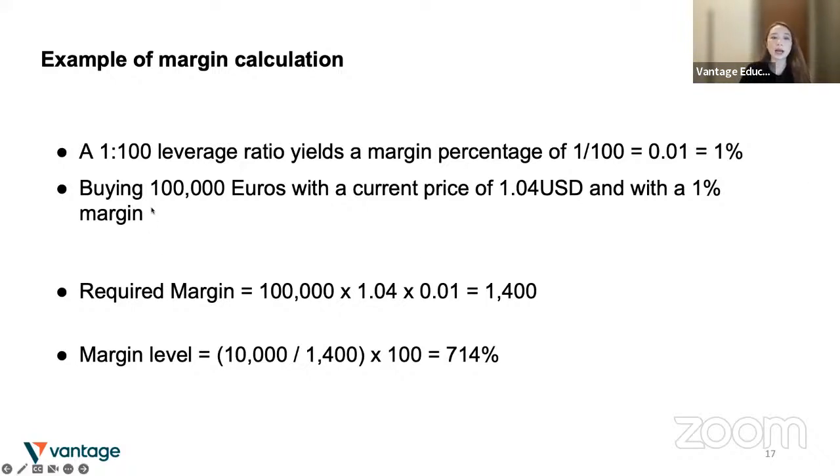So we are buying 100,000 euros at a current price of 1.04 USD with a 1% margin. The required margin will be 100,000 times 1.04 USD times 1%, giving you $1,040. And that will result in a 714% margin level.